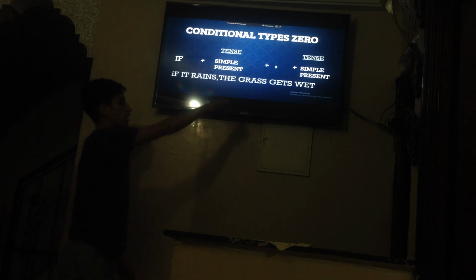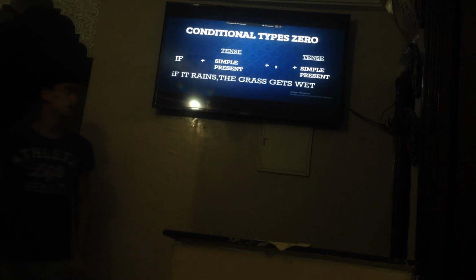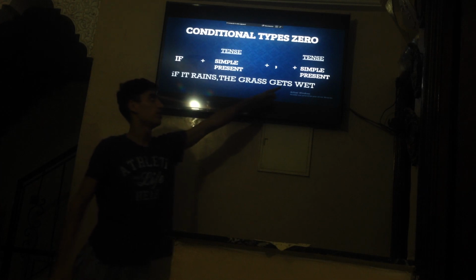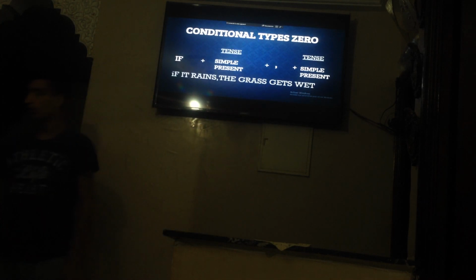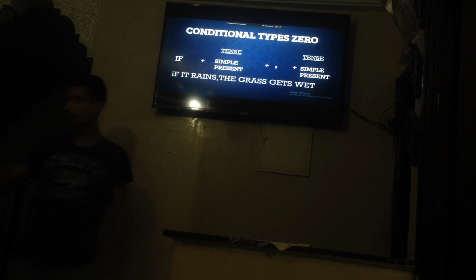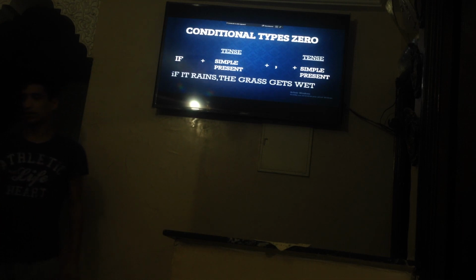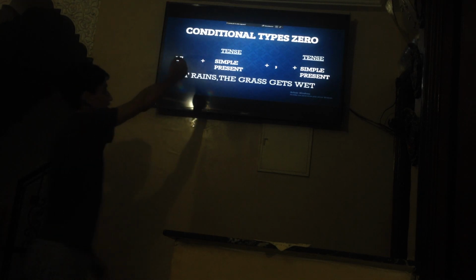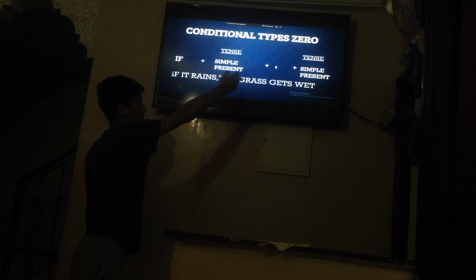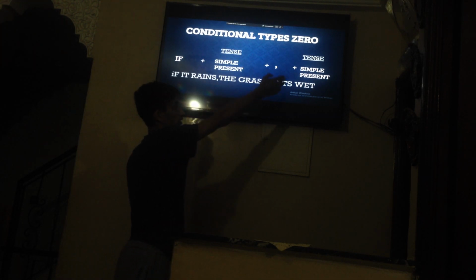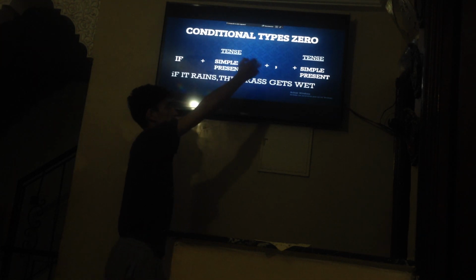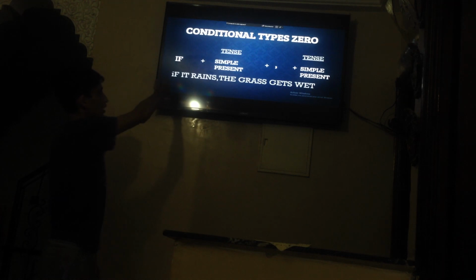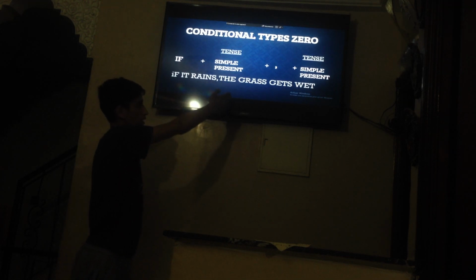Why? Because we have the third singular pronoun and we have S at the end of the verb. So here we have if plus simple present plus comma plus simple present, which is the conditional type 0. If it rains, comma, the grass gets wet.